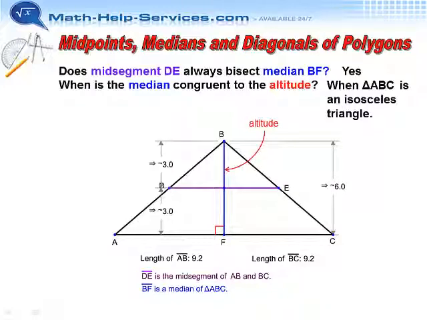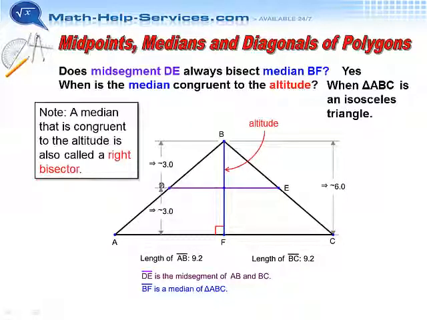This is when the median is congruent to the altitude. Note, a median that is congruent to the altitude is also called a right bisector. Notice it forms a right angle.